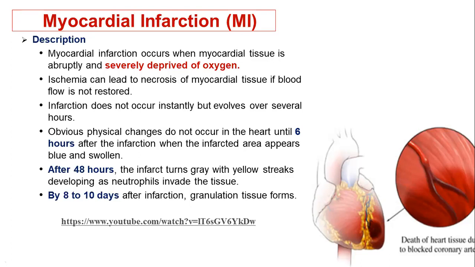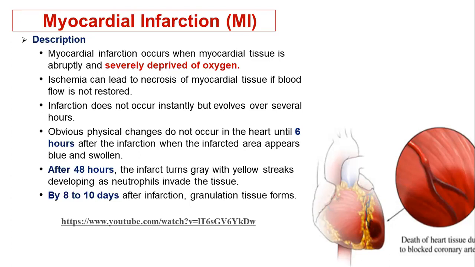So if I ask you, what is the cause of MI or myocardial infarction? You can answer me: decreased oxygen supply to the heart. Why oxygen supply? Because of decreased blood supply to the heart, right? So usually the patient comes to the hospital with severe chest pain.